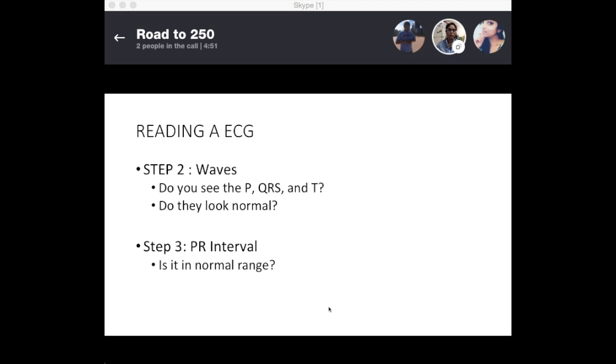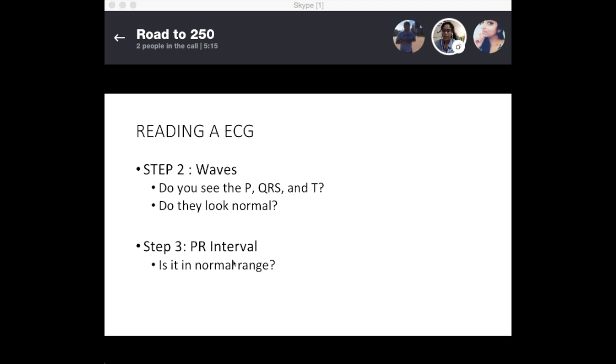Okay, step 2 would be to look at the quality of the wave. Do you see a P wave, a QRS, and a T? Pretty much just looking to see if they look normal. And then step 3 is looking a little bit closer at the PR interval.